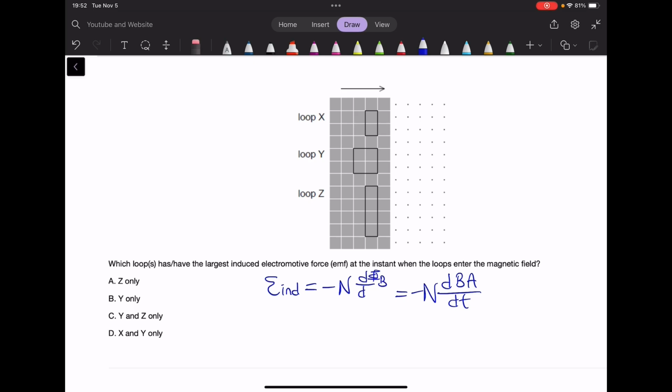And how we do this is imagining we are moving the loop. And what's gonna be the area of each loop when they're first exposed to a magnetic field? So if I move the loop, it's gonna be something like this, this, and this. And then I continue to move the loop. They become something like this.